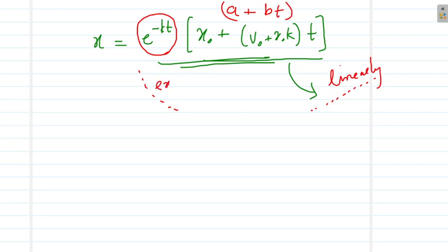And when these two functions compete with each other, usually the exponentially decaying function will win. For very small values of t, there will be a small increase for the value of x. But after that, the system will exponentially decay in its position. X value will exponentially decay and the system will come to rest.